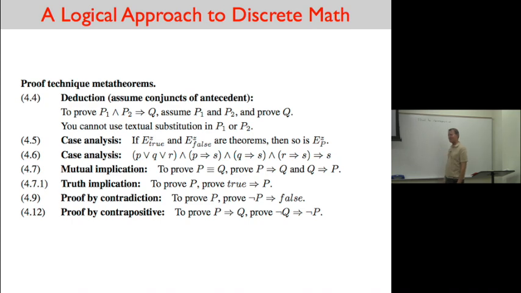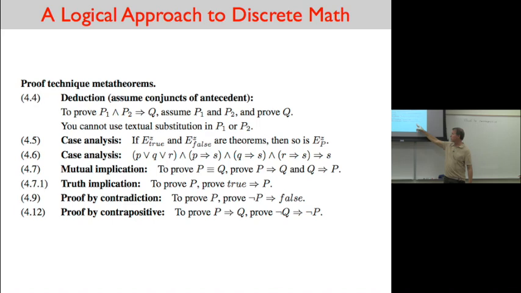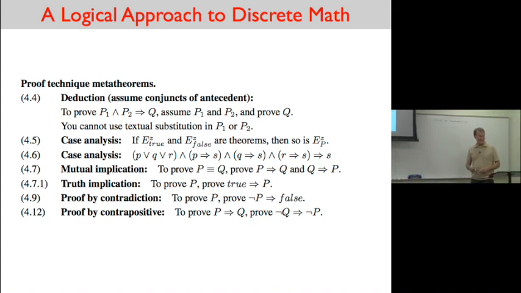On the other hand, if you want to prove that P implies Q, you can say prove not Q implies not P. Then you might start with not Q and try to get to not P, or you could start with not P and get it to follow from not Q. Or you can start with Q and get it to follow from P, but then you're not using proof by contrapositive. Okay?